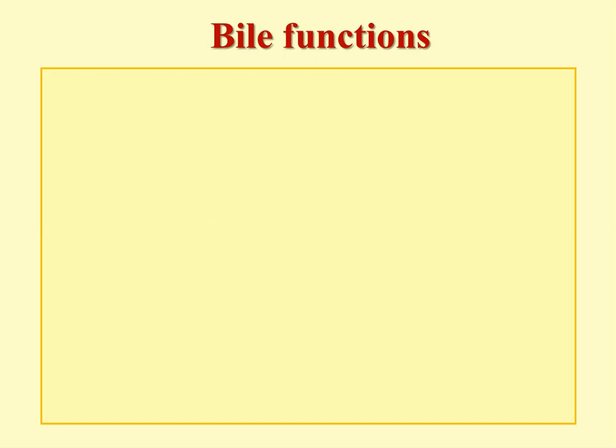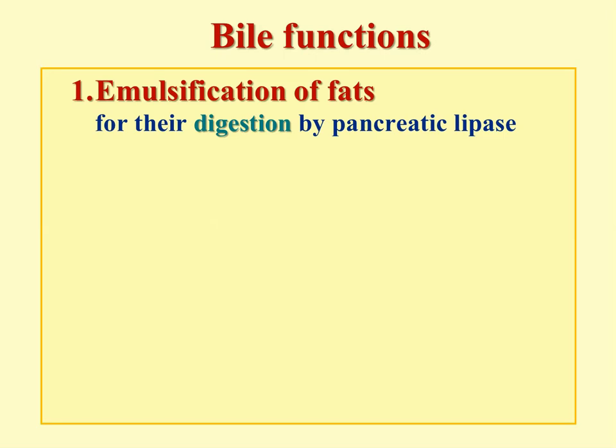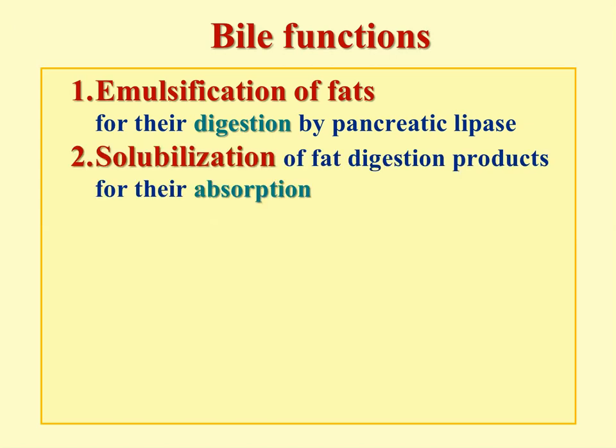Functions of the bile. First, emulsification of fats for their further digestion by pancreatic lipase. Then, solubilization of fat digestion products. When fat is already digested by lipase, it still remains fat, not dissolved in the fluid. Therefore, it's necessary to keep it solubilized.